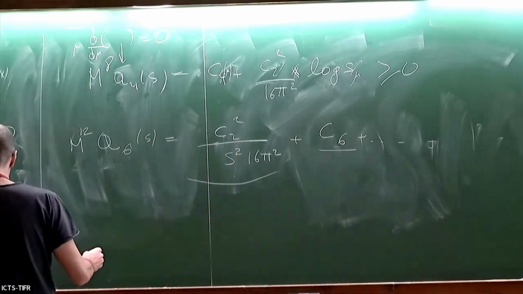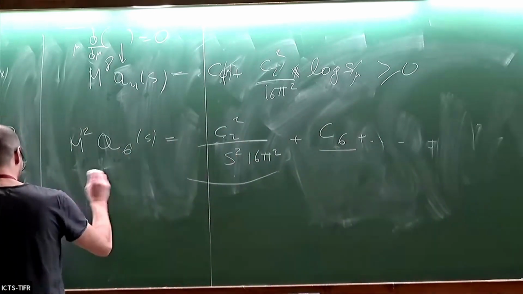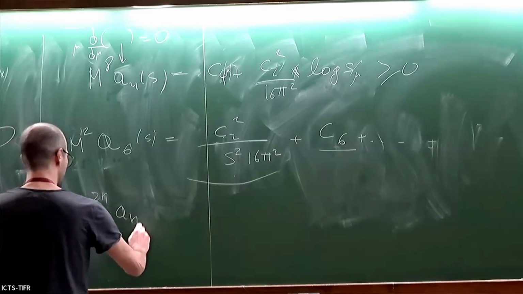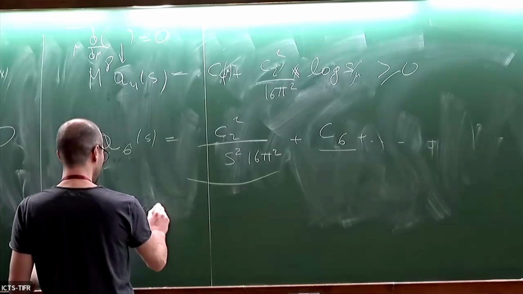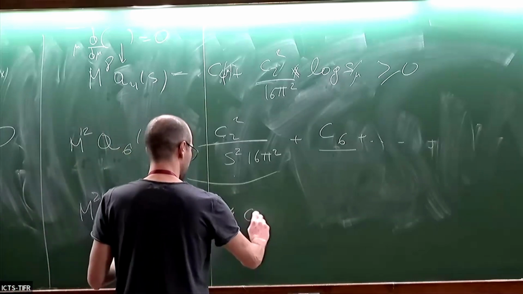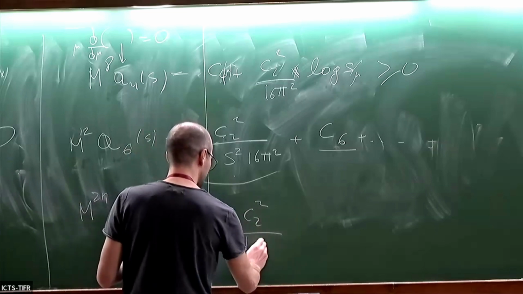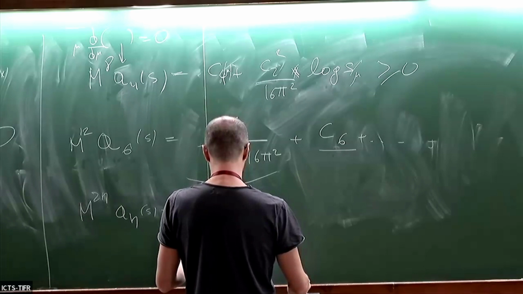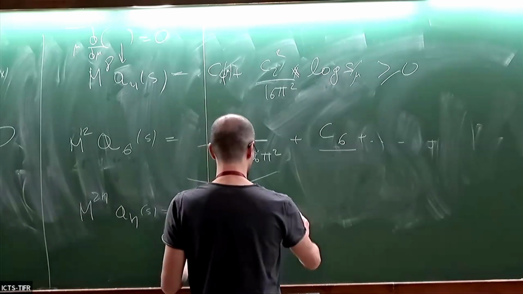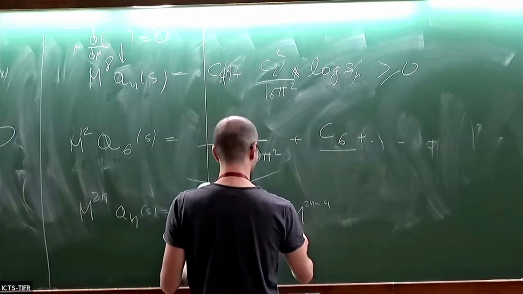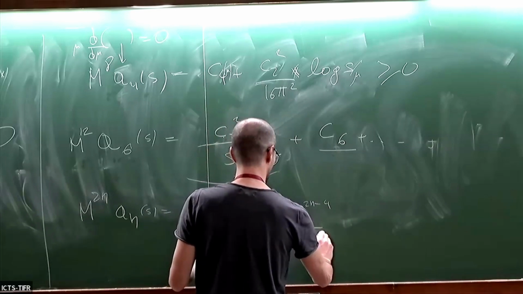And so the generic one, and I'll finish with this comment, is this one. m to the n, a_n of s is going to give you Cn plus C2 squared over 16 pi squared, m to the 2n minus 4, divided by s to the n minus 2.